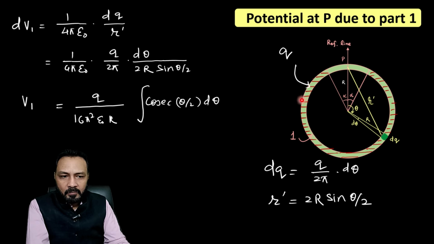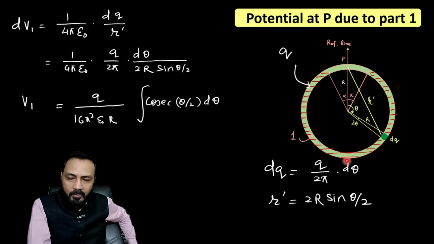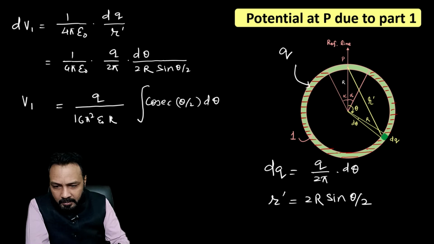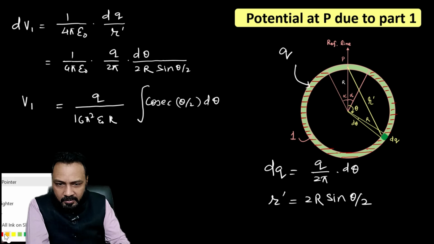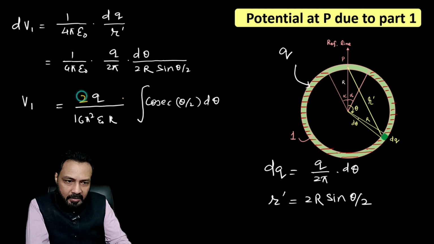So what I want to do is the short way. Basically, let me integrate from here to here and just multiply by 2. I'm taking half of part 1, and because of the symmetry, we'll double the integral. So I'm just writing 2 here, and the limit will go from alpha to pi.